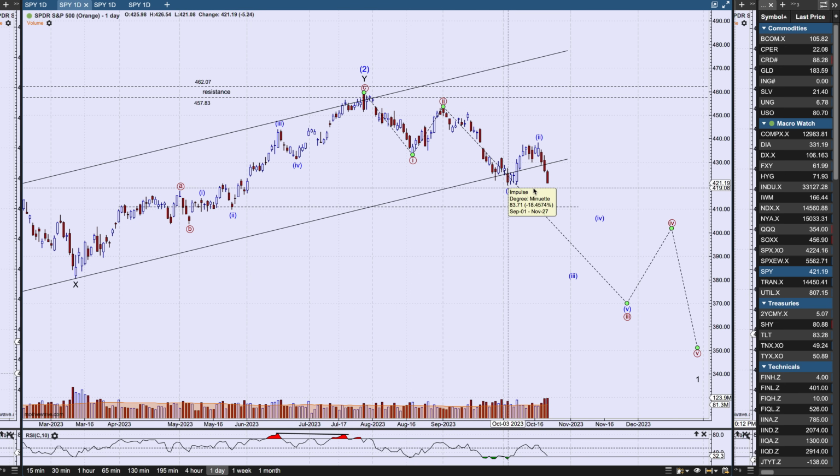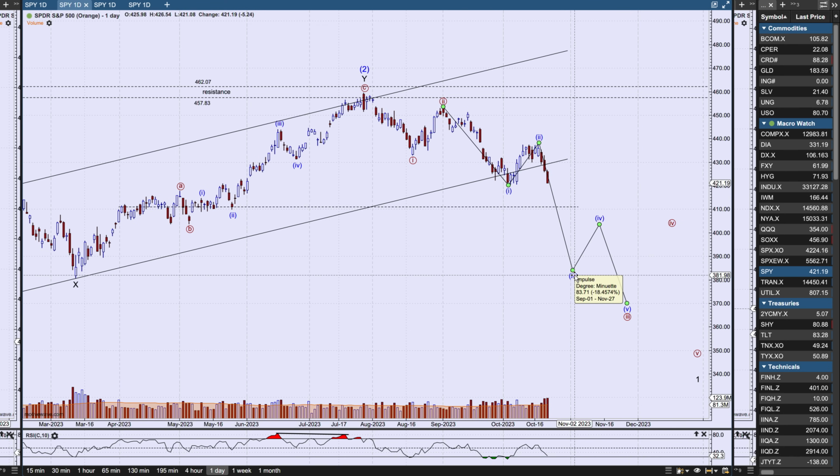Well, that implies we need 5 waves within minute wave 3 right here. That means some pretty big waves are unfolding in here. Based on my estimate, I think we're coming down into the 382, 383 just to complete this next third wave. But first things first, we have to take out the October 3rd low.